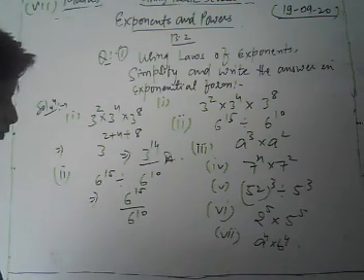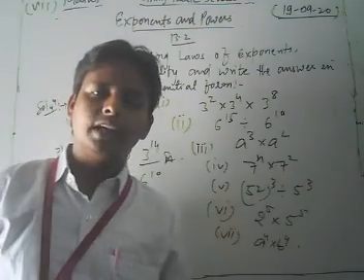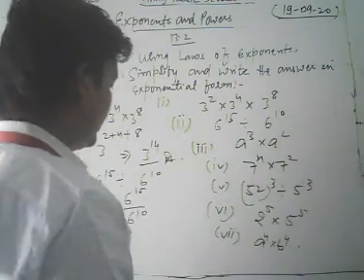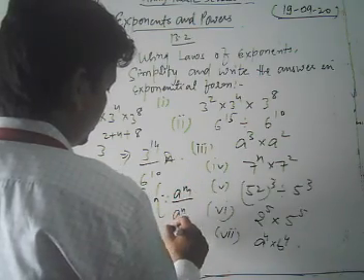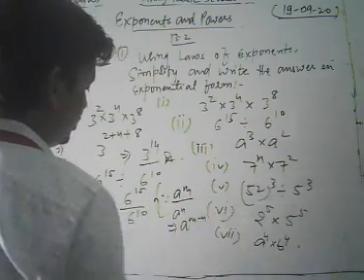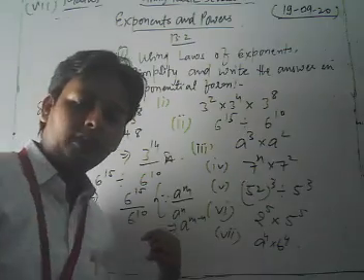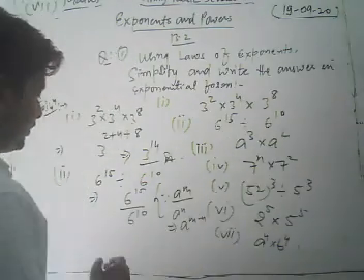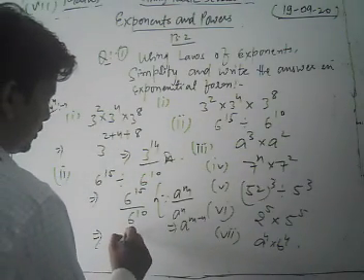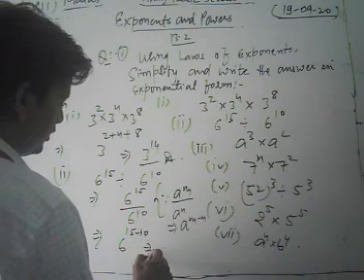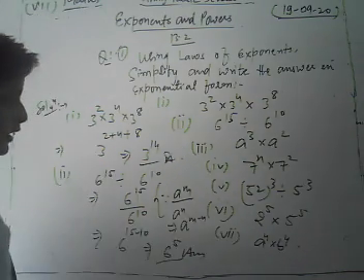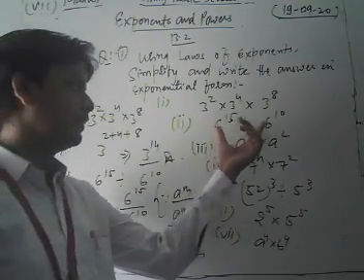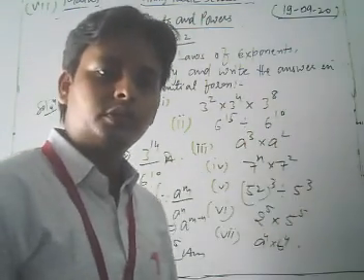We know that a to the power m upon a to the power n is equal to a to the power m minus n. Thus we apply the same concept, so we get 6 to the power 15 minus 10, that is 6 to the power 5. This is another answer.